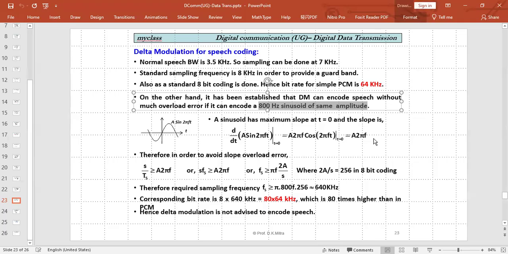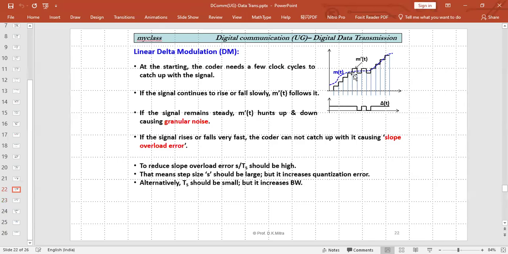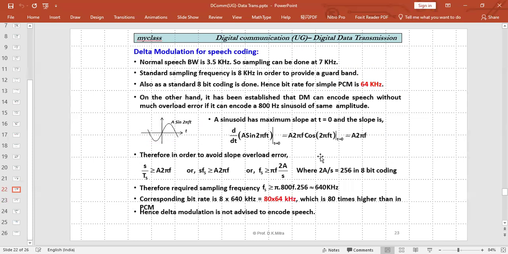Now, in order to avoid slope overload error, our design slope of the system, that means I show you the system, our slope: y-axis is s and x-axis is time Ts. So s by Ts is the slope, right? My design system slope s by Ts must be more than A 2 pi f.